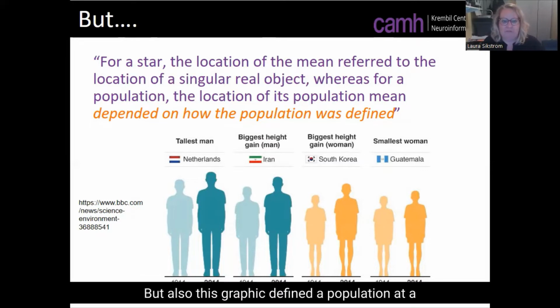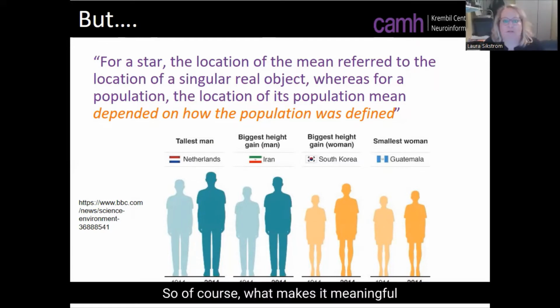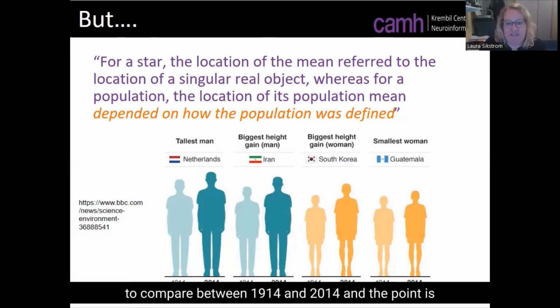But also this graphic defined a population at a single moment in time, in 1914. 2014 to look at change. So, of course, what makes it meaningful to compare 1914 to 2014?